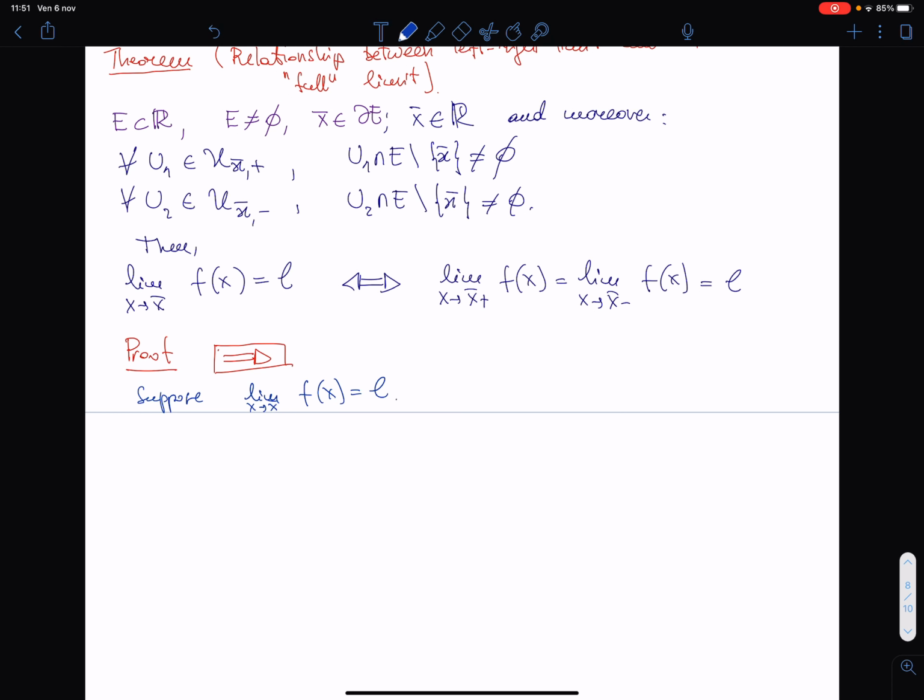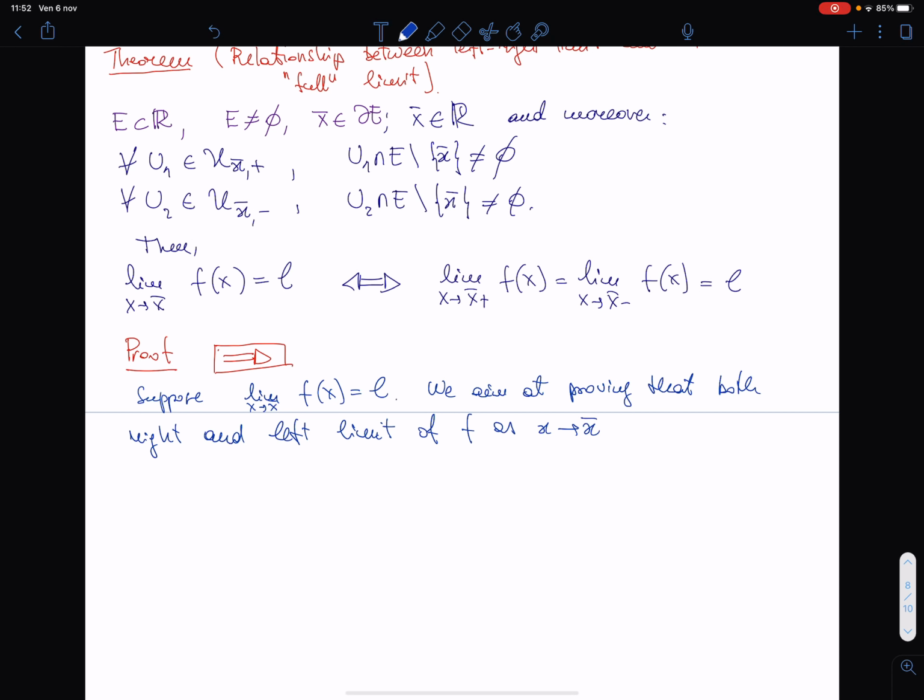So we aim at proving that both right and left limit of f as x goes to x bar exist and equal L.